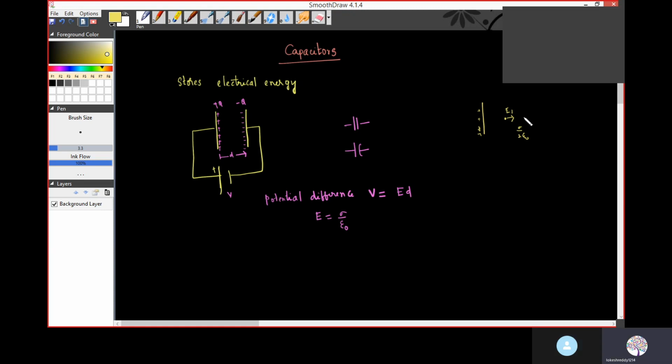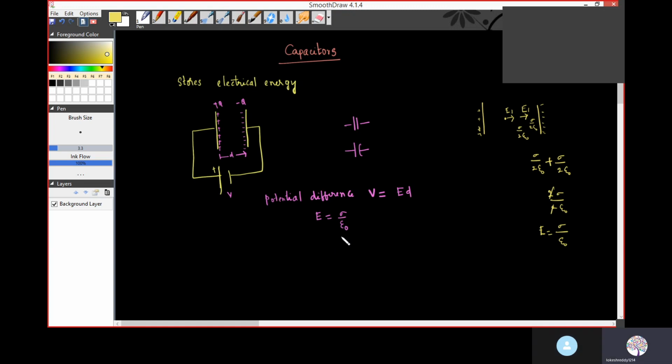This one is negative, so it also attracts in this direction, E1, which is also sigma by 2 epsilon naught. So sigma by 2 epsilon naught plus sigma by 2 epsilon naught, that is 2 sigma by 2 epsilon naught. 2 gets cancelled. Sigma by epsilon naught is the electric field E.